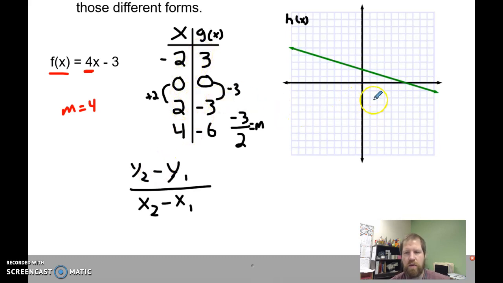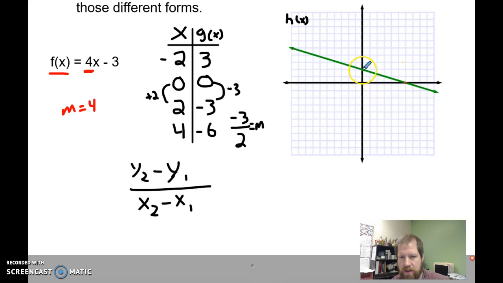Find your intersections. I can see that my line intersects there, and let's see, looks like right here. Maybe right here.